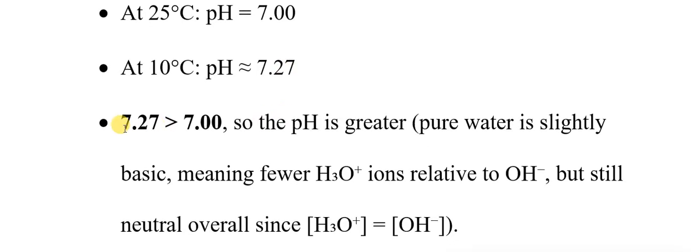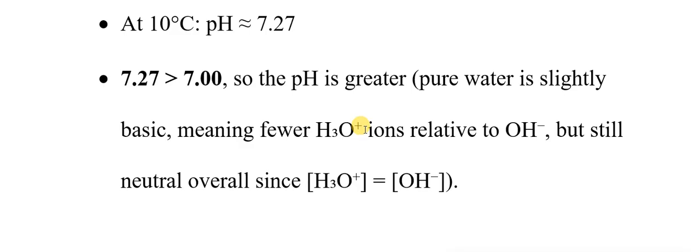It means 7.27 is greater than 7. So pH is greater at lower temperatures. Pure water is slightly basic in the sense of fewer hydrogen ions relative to the hydroxyl ions, but it is still neutral.